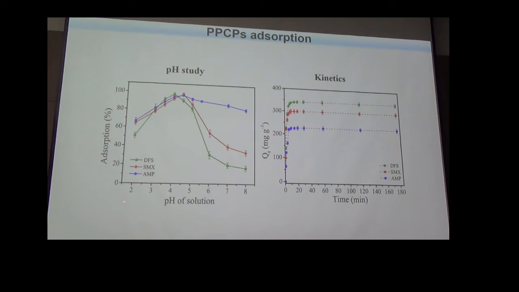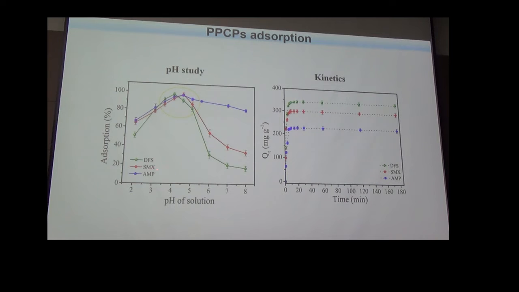In the adsorption study, with increasing pH, the adsorption of DFS, SMX and AMP, which are diclofenac, sulfamethoxazole and acetaminophen, also increases, and reaches the optimum value for the DFS at pH 4.